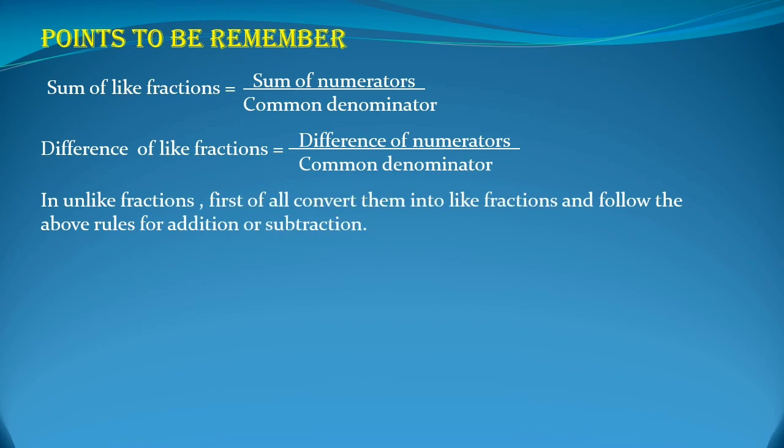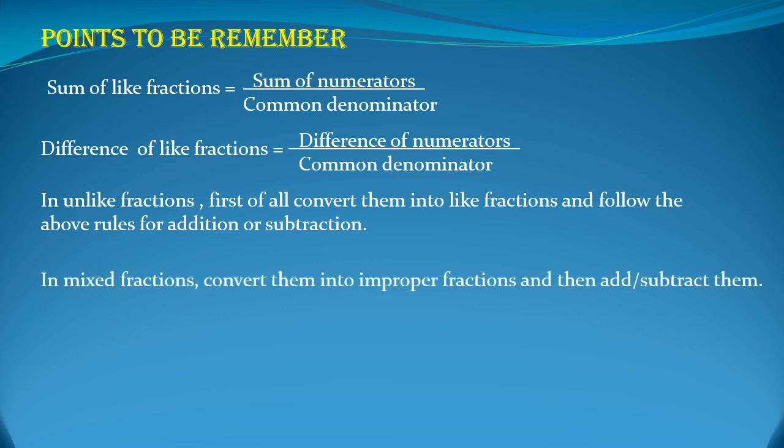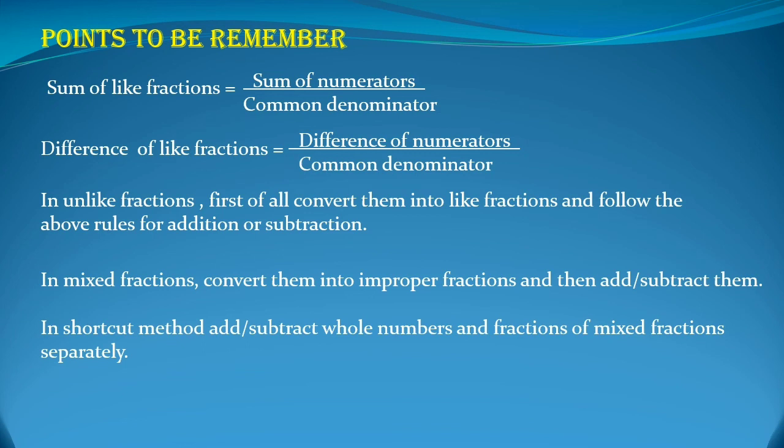In unlike fractions, first of all, convert them into like fractions and follow the above rules for addition or subtraction. In mixed fractions, convert them into improper fractions and then add or subtract them. In the shortcut method, add or subtract whole numbers and fractions of mixed fractions separately.